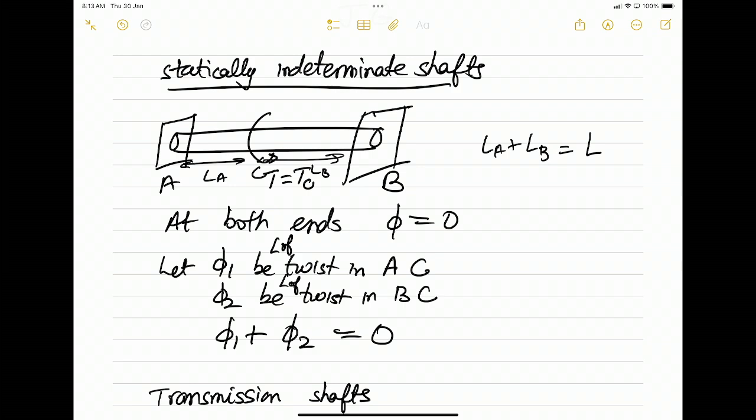One way of looking at it is to look at a point just to the left of C and just to the right of C, and cut a section on the left and on the right.